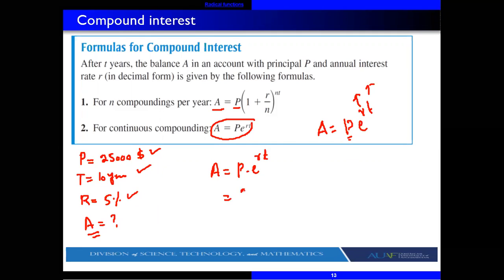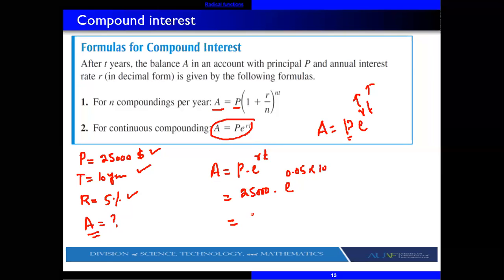P means invested amount 25,000 multiplied with e power r. Rate percentage 5% means 5 divided by 100 equal to 0.05, and multiply with time, and time is 10 years.